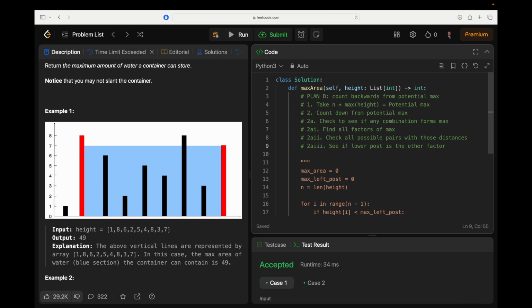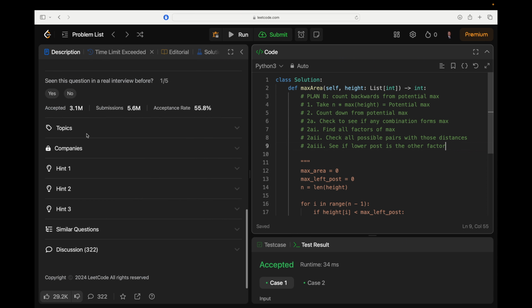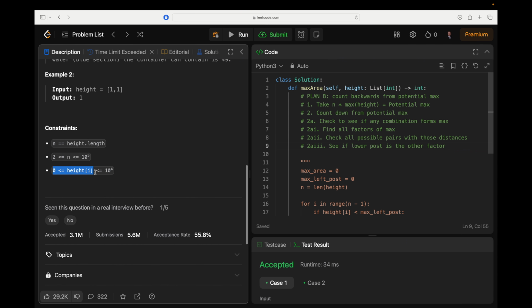Oh, here's the problem. I guess there could be like one. That maybe wouldn't work either, because there could be a test case where there's a distance between two posts that's like 1 and they're really, really big, because as we saw, the height can be 10,000.